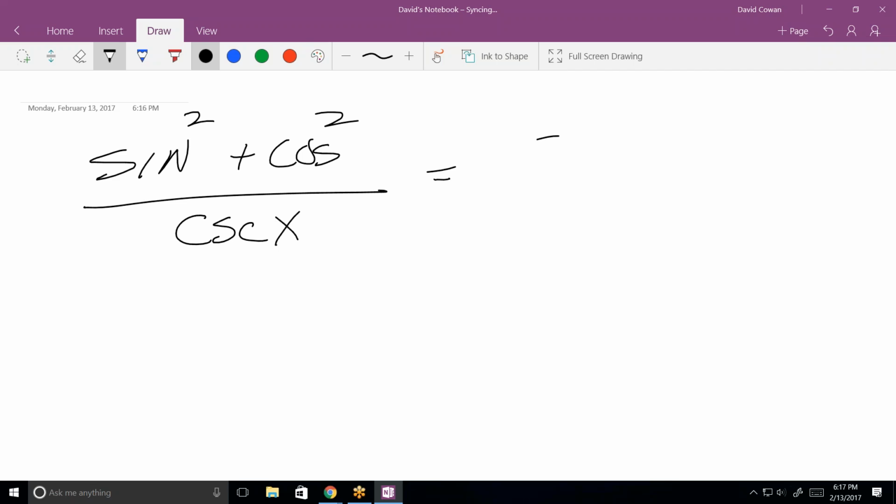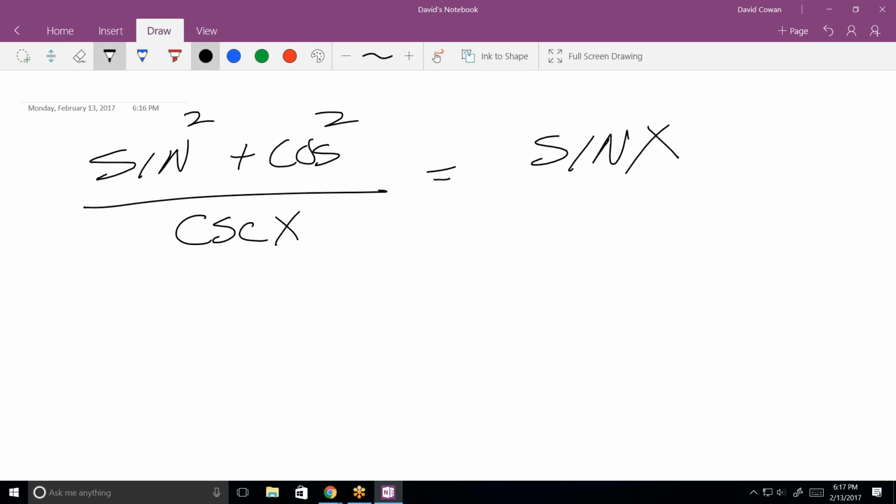Prove that that's equal to sine x. The first rule is always work with the more complicated side and try to turn it into the other. So what's the first step you can do?